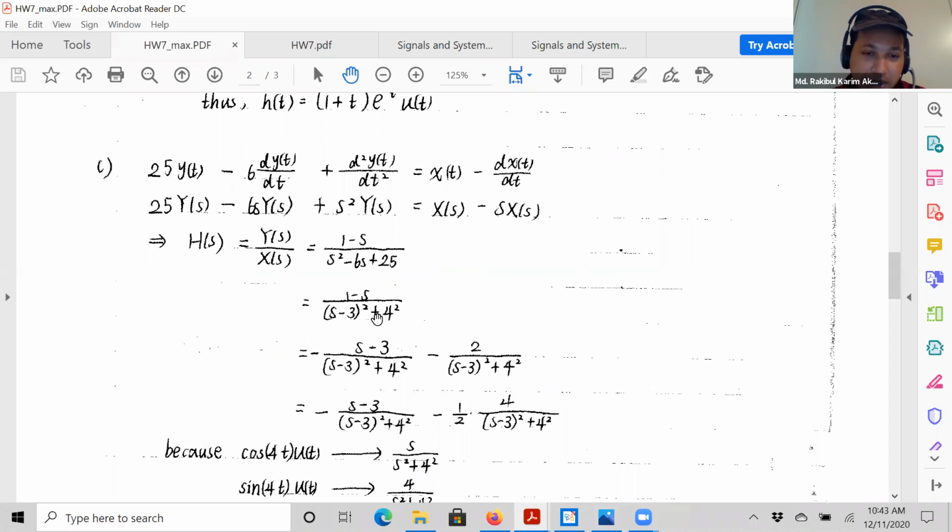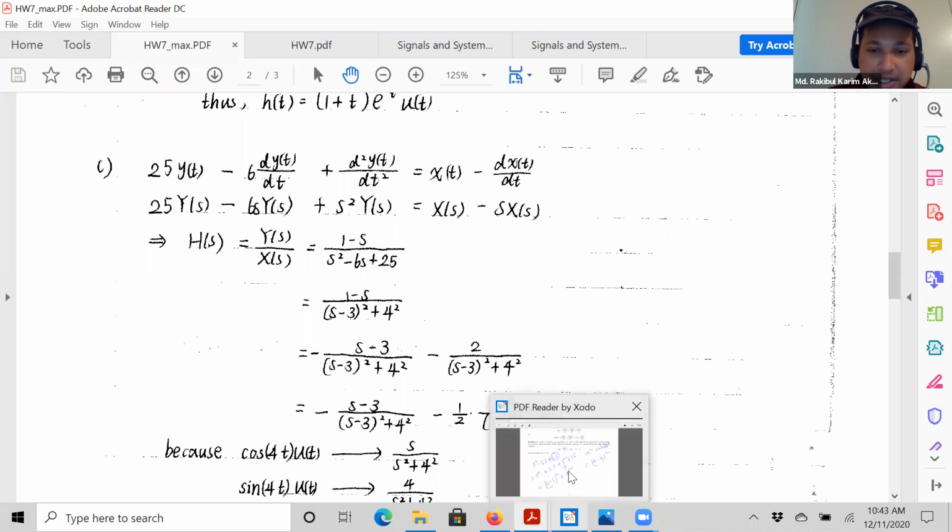Then we do one more thing here. In the numerator, 1 minus s, we need to match these two things. In the denominator you have the s square plus b square form. In the numerator you make these two parts the same.